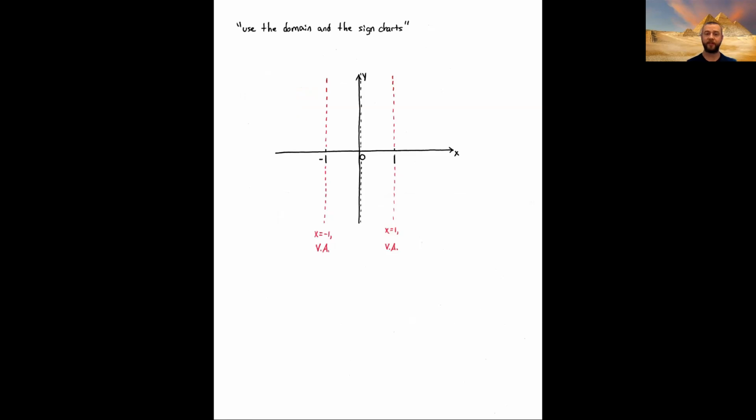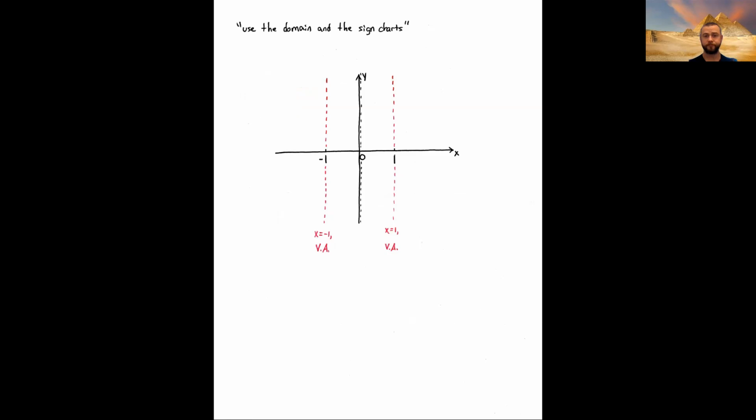And if we pull this all together, we have to keep in mind our domain, which was all real numbers except -1 and 1. So I drew those there as the vertical asymptotes in red. The vertical lines, x equals -1 and x equals +1. And we had no critical points, but a single possible inflection point of 0.